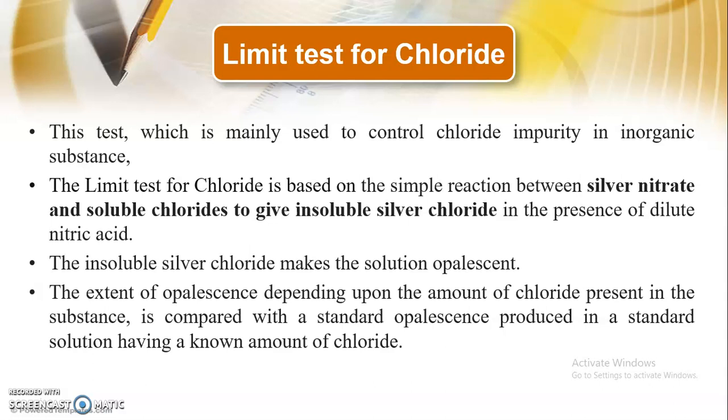In the limit test for chloride, opalescence is formed, and we compare it with the opalescence produced in the standard solution. If the opalescence produced in the test sample is less, then we can say that the substance passes the pharmacopoeia limit. And if the opalescence produced in the test sample is more, then the substance does not pass the pharmacopoeia limit.